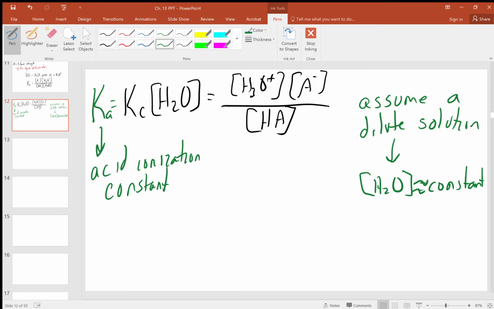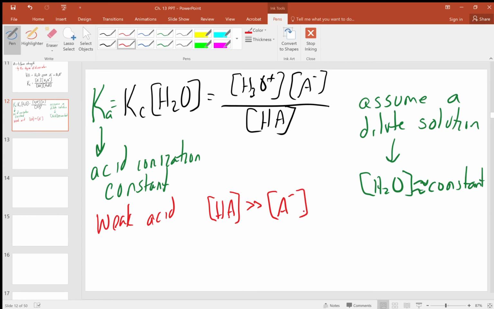Now, what does this tell us? Well, if we have a weak acid, then that means it's not going to dissociate very much. So our concentration of HA will be much larger than our concentration of A minus, as well as H3O plus.